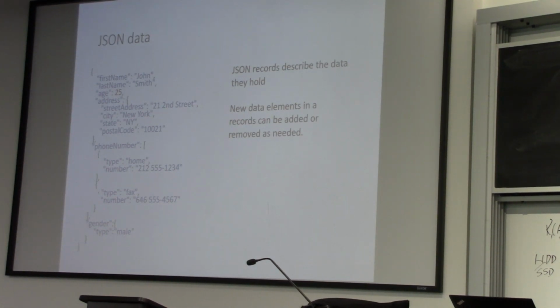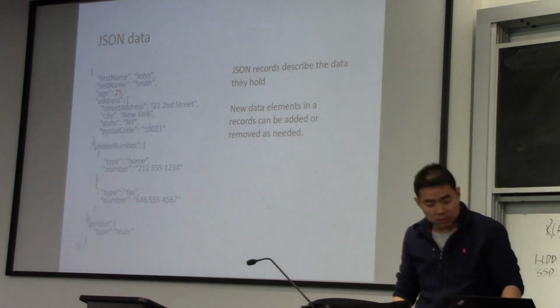The next person record may not have a phone number at all. That's okay. In a structured database, that's not okay. Even if you don't have a phone number value, you have to have that phone number field reserved in place for the next record. Okay? And furthermore, you can change the schema very easily using a JSON approach.